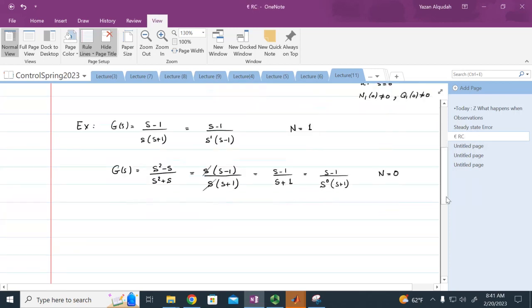Very good. Let's do another one. G of S equal to S squared minus S divided by S cubed plus S squared. Same thing. We take S in the numerator, S minus 1, divided by S squared this time, multiplied by S plus 1. What is this going to equal? S minus 1 divided by S, multiplied by S plus 1.